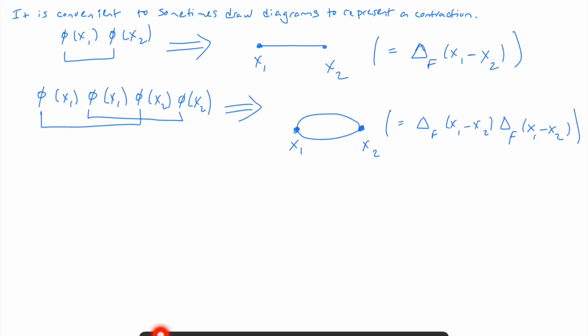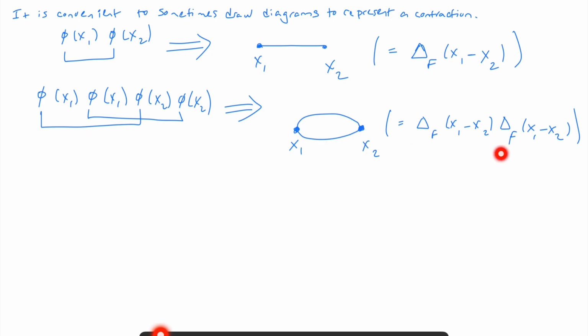If I have something like this, where I have phi of x1 and then phi of x2, where x1 and x1 are at the same space-time point, x2 and x2 are at the same space-time point, and I have a double contraction, well, I can write that like this. I draw the space-time point x1 and the space-time point x2, and I just draw a line connecting them. One of these lines represents the first contraction, and the other line represents the second contraction.